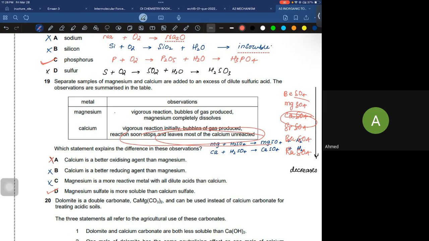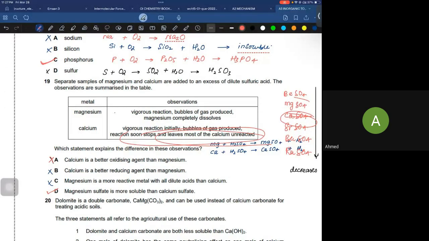Before doing inorganic chemistry, you must know each and every observation: the color of the precipitate, the solubility of each and every hydroxide, the solubility of each and every sulfate, the pH of the solutions, which one gives acidic pH, which one gives basic pH, or the reactivity. Here you have to put in more effort on these observations as compared to organic chemistry.